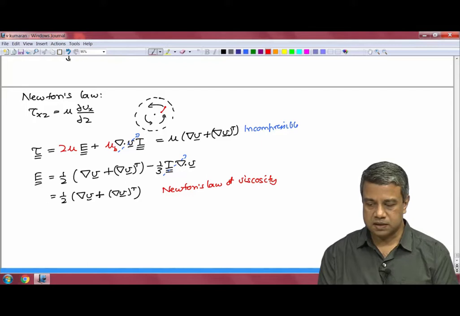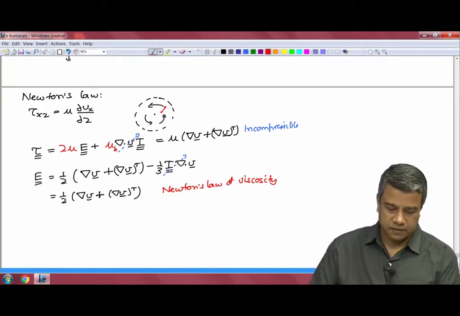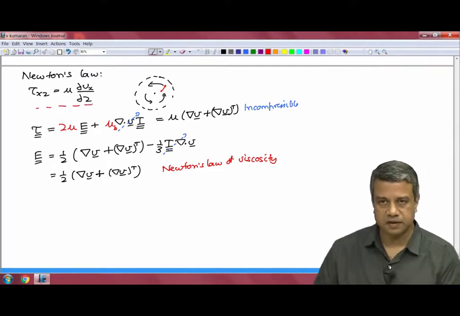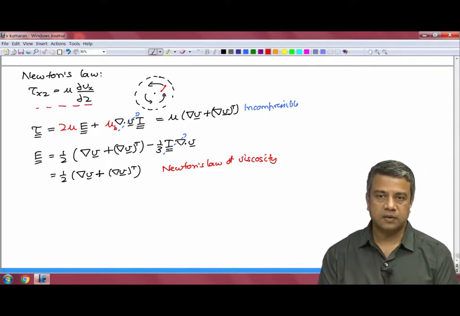Note that this is different from what is usually written over here. Here we are writing between the tensor components.